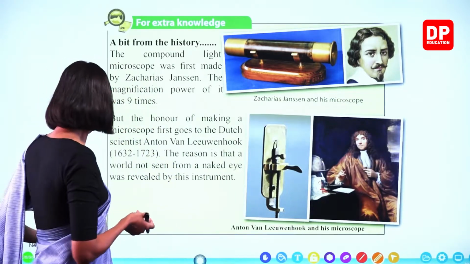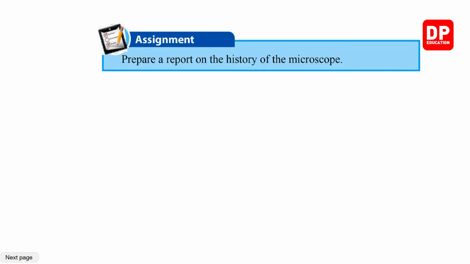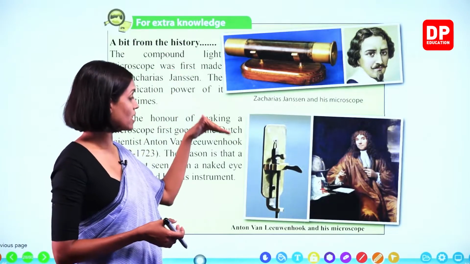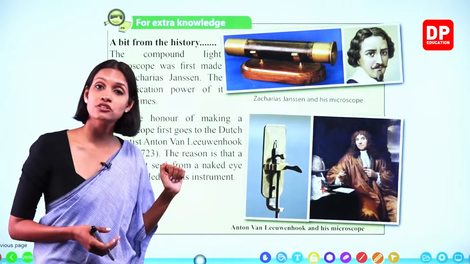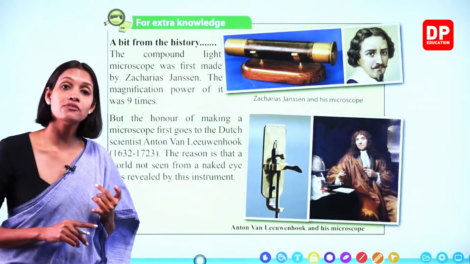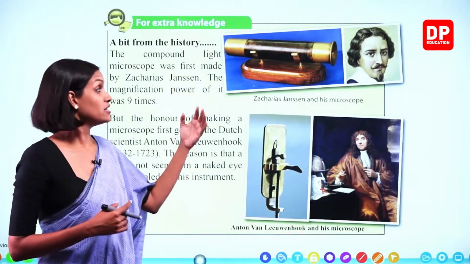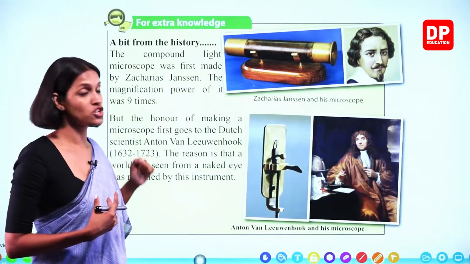Right, children? So we have an assignment to do related to this. Prepare a report on the history of the microscope. Here in this note, only 2 scientists, 2 people who made microscopes, are given. So you can read more articles, you can get the help of the internet, and there are many articles on this topic.